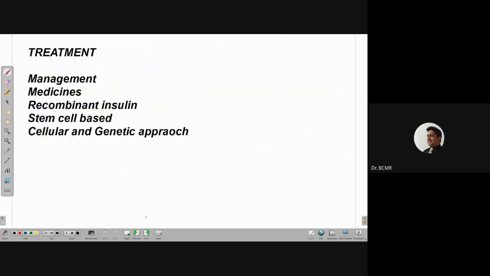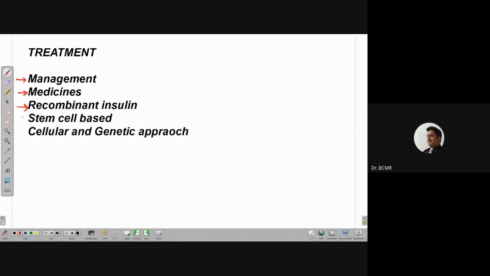So in today's class, the focus is on what to do in case of diabetes. There are multiple ways, and we will see a few of them. First is how to manage it in the early stages of diabetes, or if we know that our parents and grandparents all have it, then we should have a plan of management. There are medicines available, the modern evidence-based medicines.